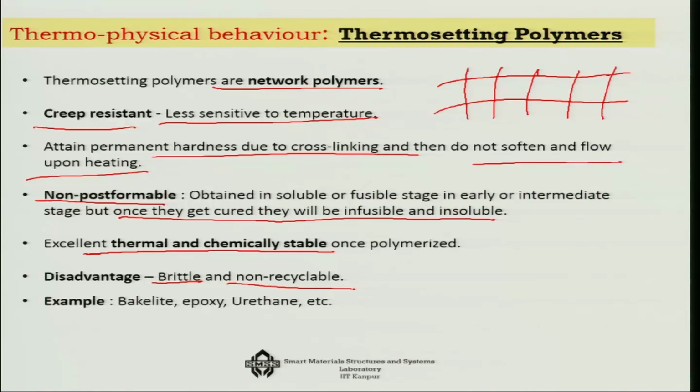That is the flip side of it, and the examples are like bakelite, epoxies, urethane. Urethane is like the foams that you use in your sofa, for example. These are polyurethanes, PU foams. PU foam is a very common name, and that is used in your sofas, etc. So that is the thermosetting polymers.